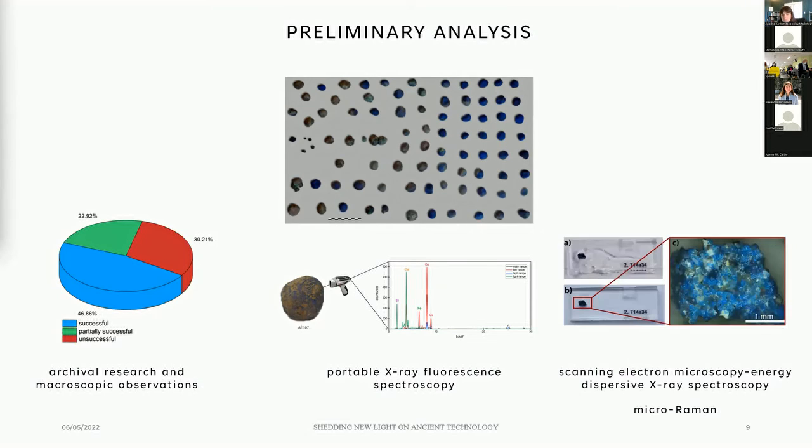And finally, we proceeded to sampling of selected pellets. We took 19 samples from different pellets that had different colors macroscopically, and we examined them with scanning electron microscopy coupled with energy dispersive X-ray spectroscopy, SEM-EDS, and micro-Raman spectroscopy.